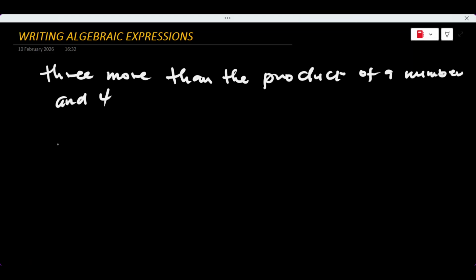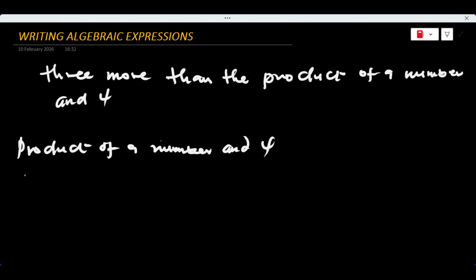Okay, so we are starting with what? The unknown. Remember, all the time we start with the unknown. Product of a number and 4. When you hear the word product, it's referring to multiplication or times. So this is telling us the product or the multiplication of a number, in this case represented with x, times 4.